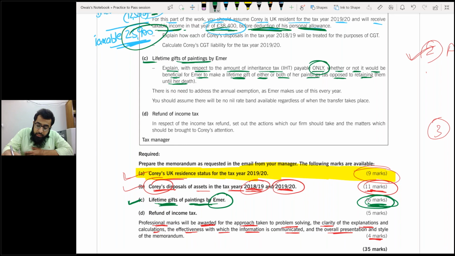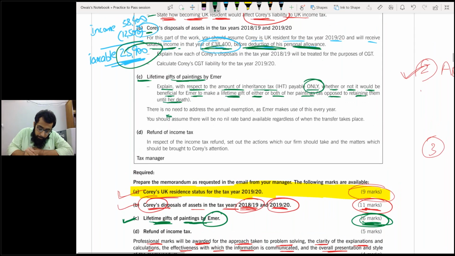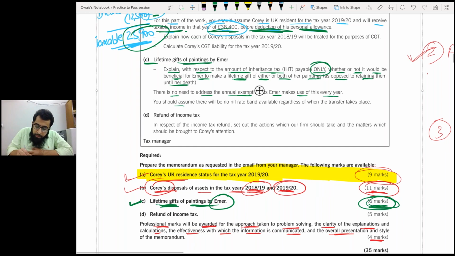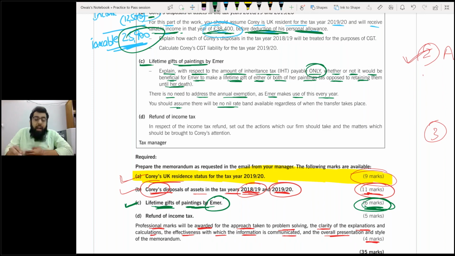There is no need to address the annual exemption as Emmer makes use of this every year. You should assume that there will be no nil rate band available regardless of when the transfer takes place.